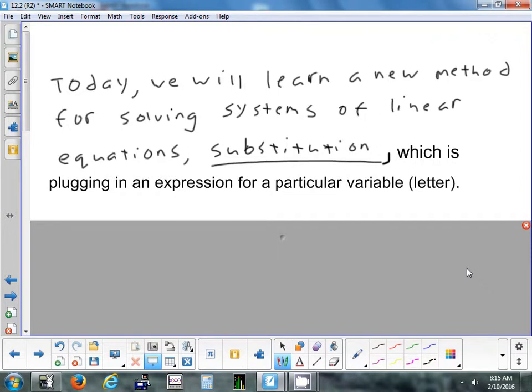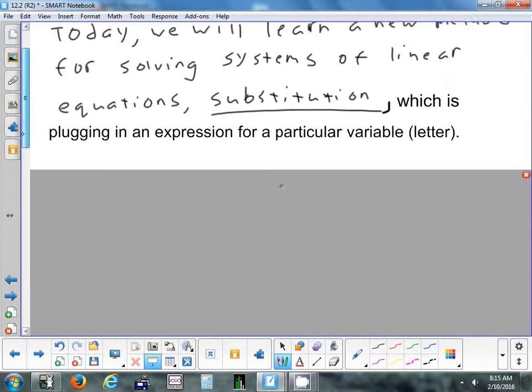The big idea with substitution is you're plugging things in. You're going to be replacing a letter with something, and as we go through, we'll show you. So you're replacing a letter with an expression. That first blank is going to be substitution.